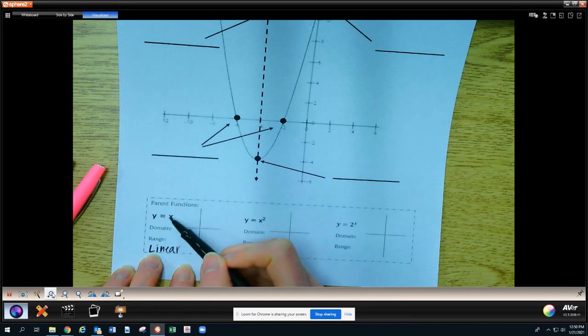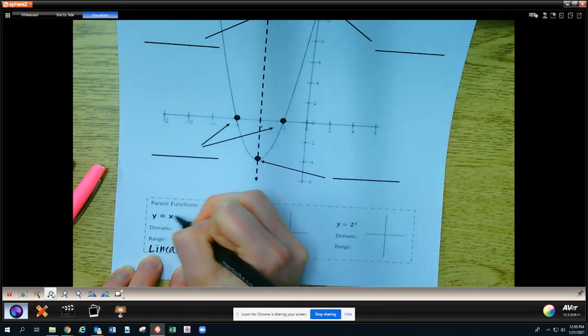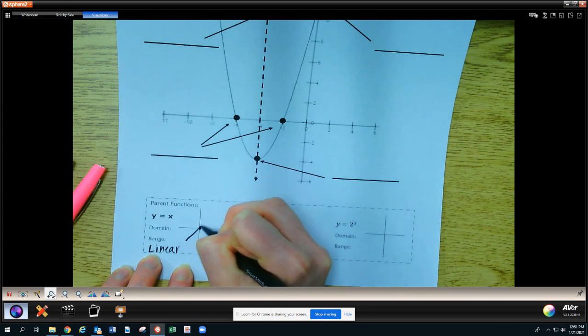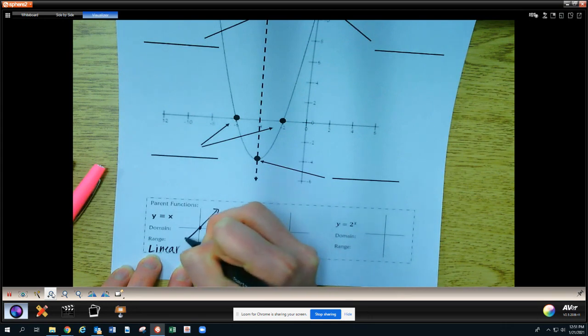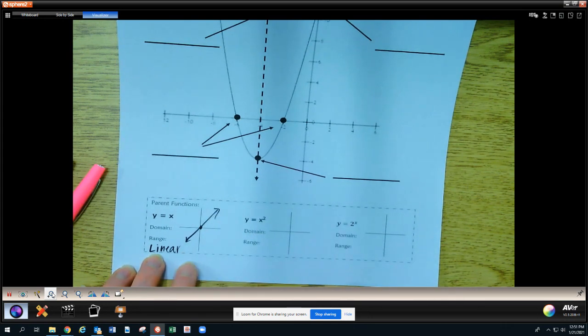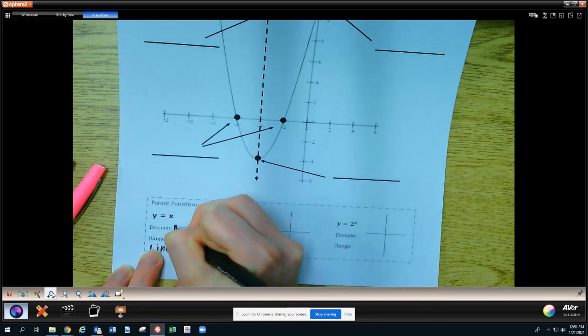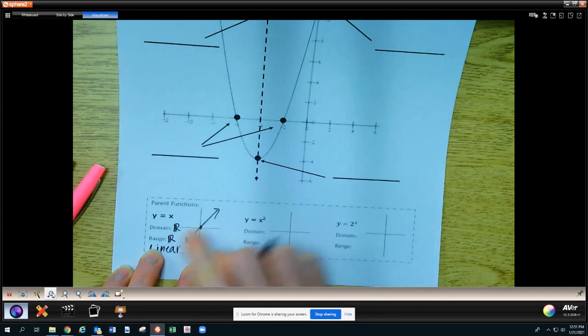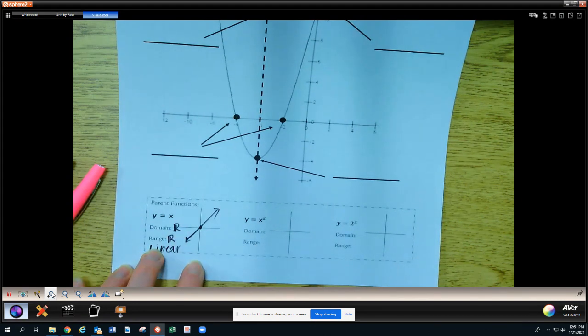And so the linear parent function has a slope of 1 and a y-intercept of 0, and it makes a line. Okay, and the domain and range were both all real numbers, because it goes forever to the right, forever to the left, forever up, forever down. So this fancy R with 2 lines is all real numbers.